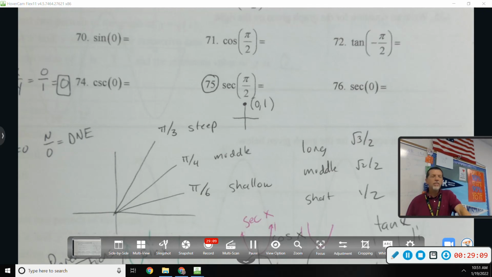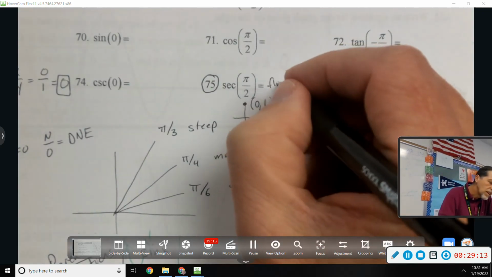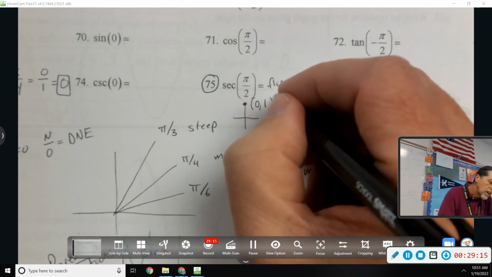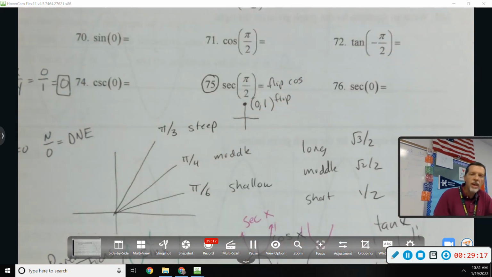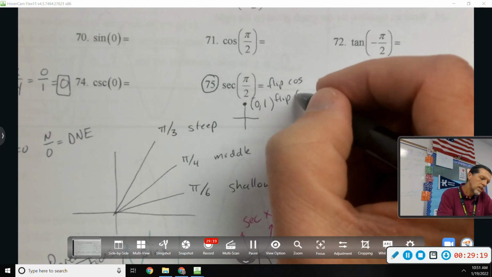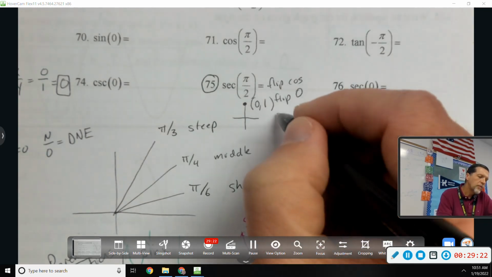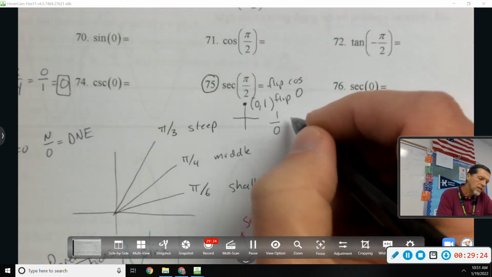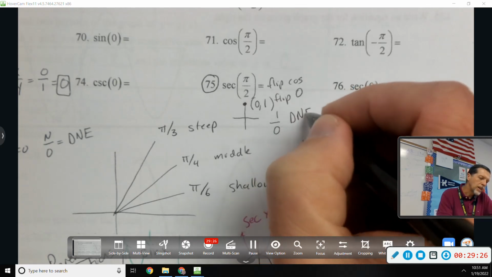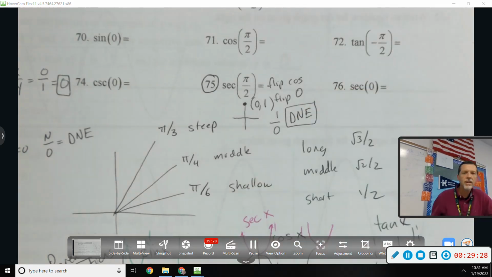Secant. How do I find the secant? Flip the cosine. And the cosine is the x-coordinate. So when I flip 0, I can't flip 0. That doesn't work. Undefined, D and E.